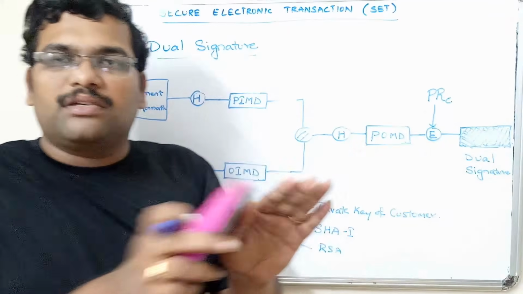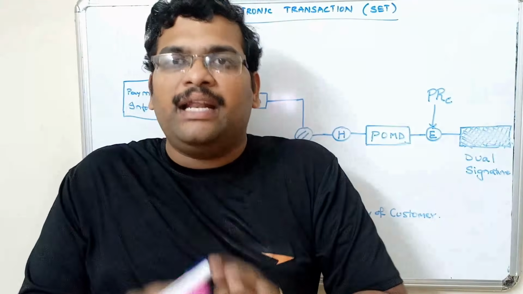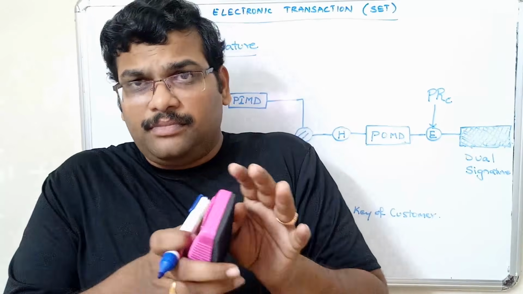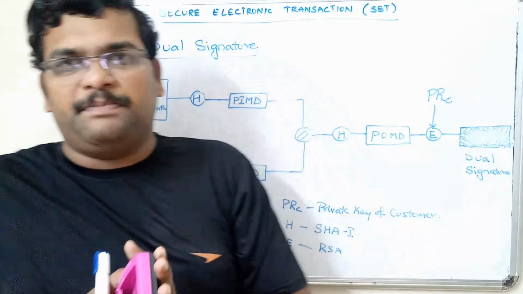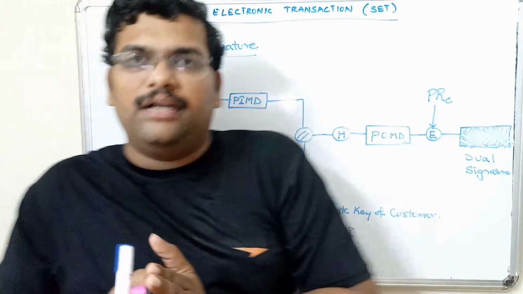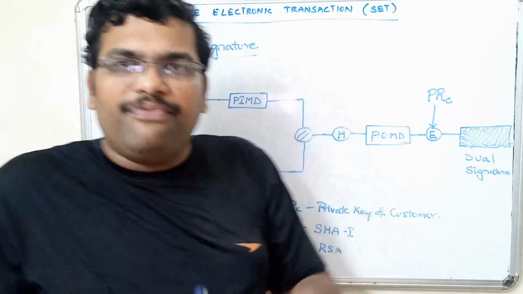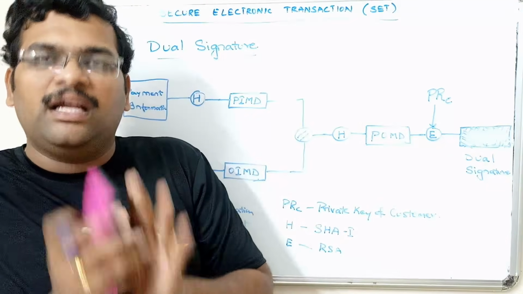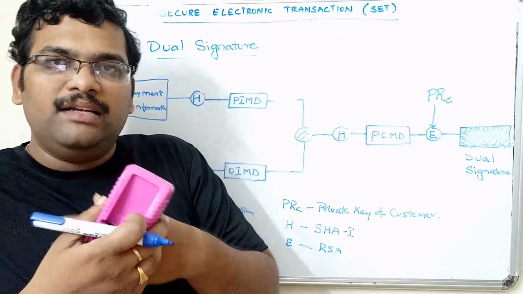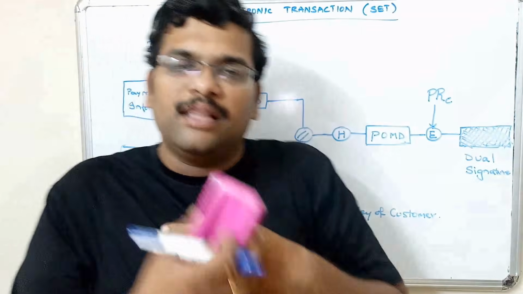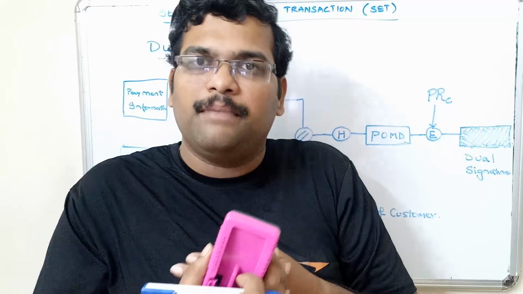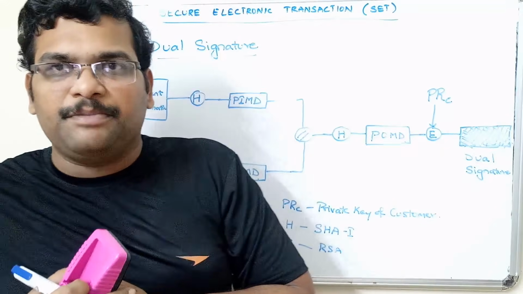If the comparison matches, that implies there is no modification during the transmission. The data is not altered during the transmission. And if the comparison mismatches, that implies there might be some alteration in the message, that means some modification in the message during the transmission.